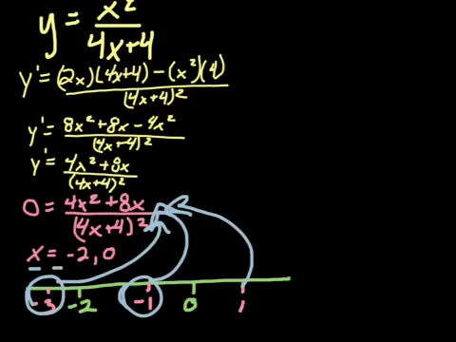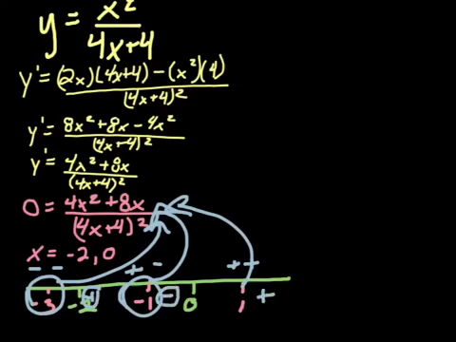And then -1 is a negative, a positive, and a negative, and then 1 is just positive. So then this is positive, this is negative, and this is positive.